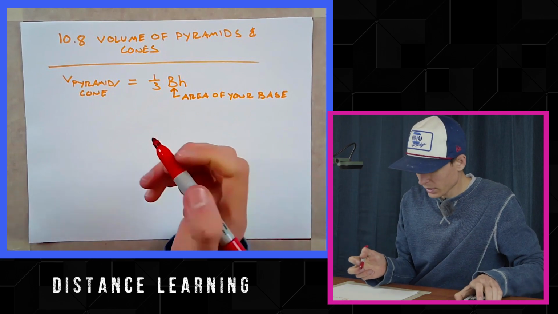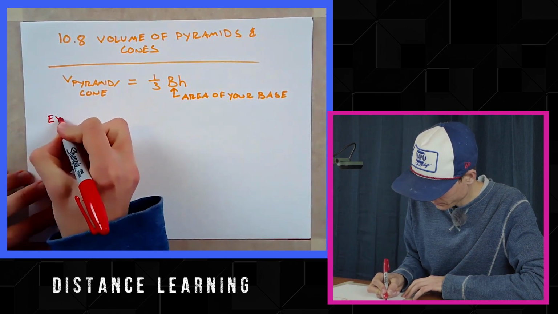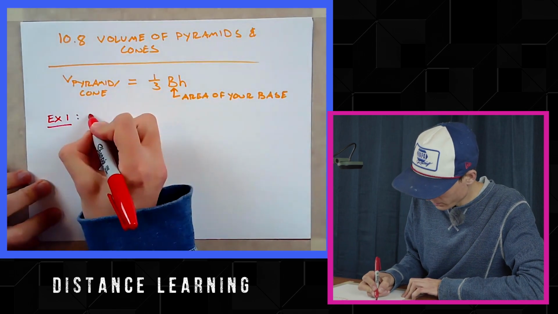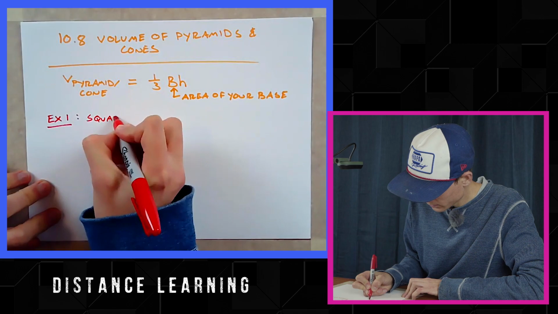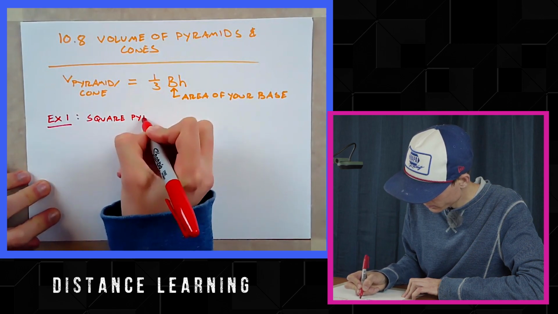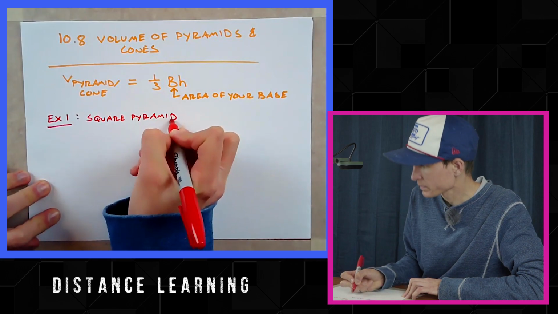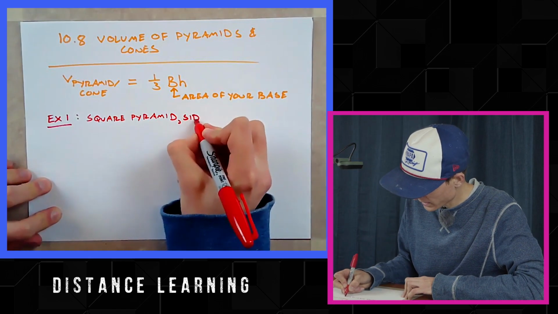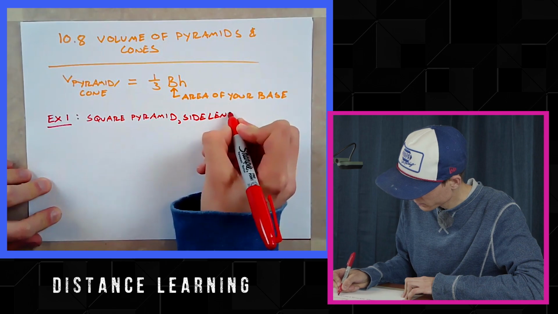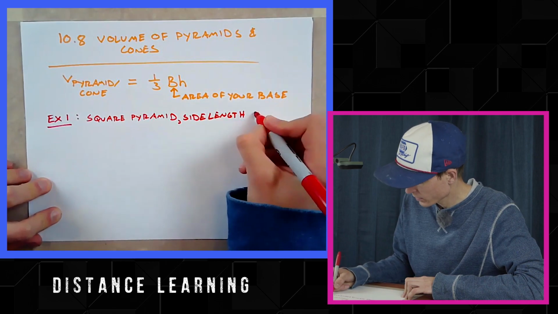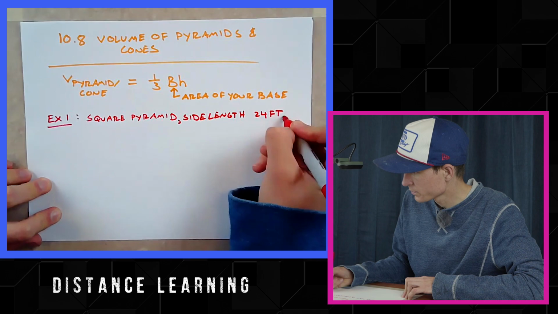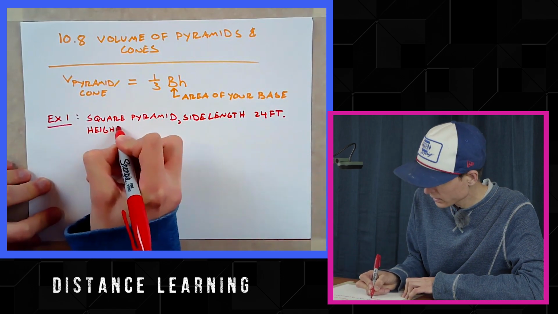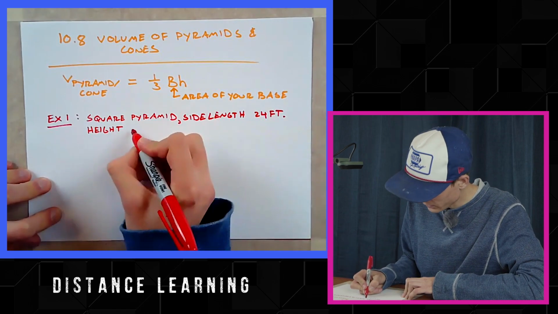So, example 1, a square pyramid where it has a side length of 24 feet and it has a height of 9 feet.